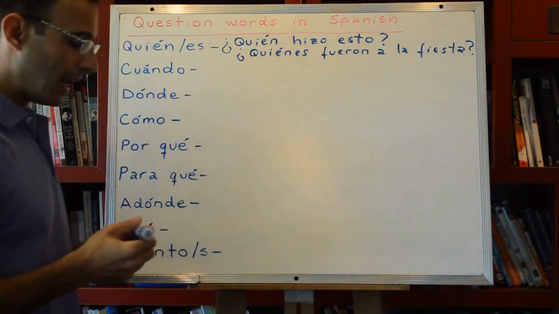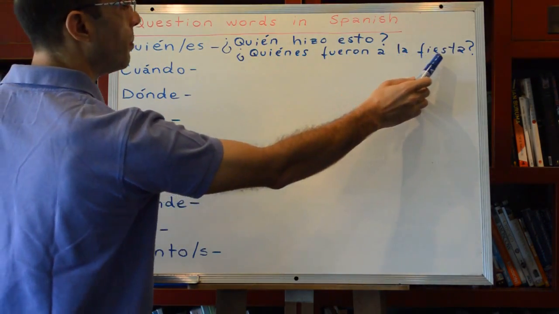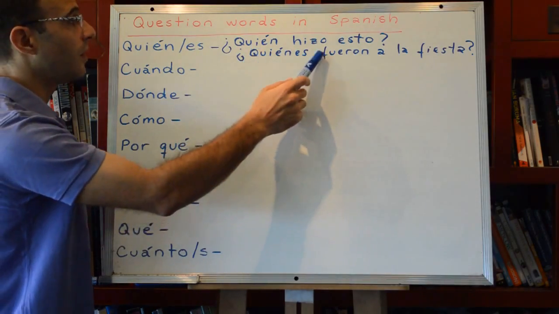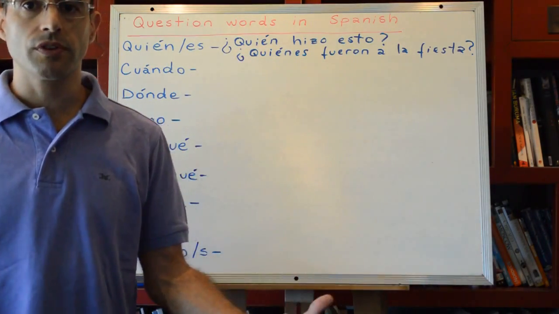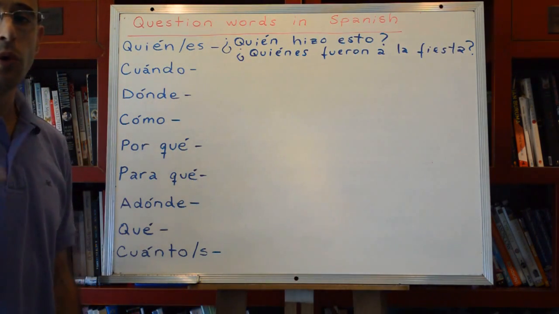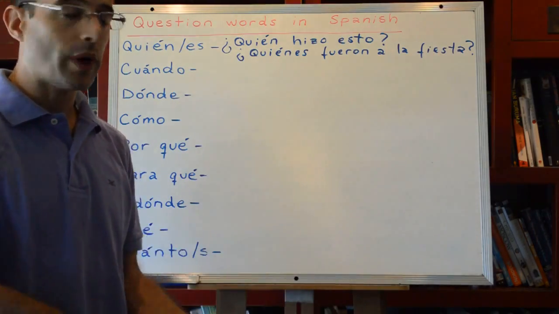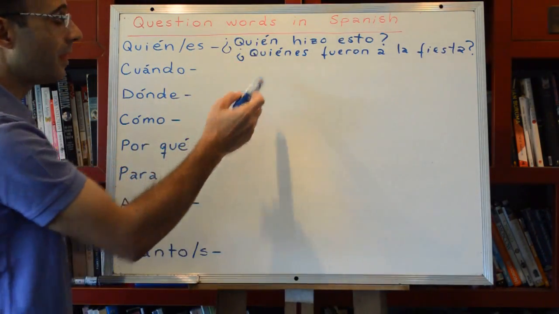Who went to the party? Okay, so ¿Quiénes is plural, so we're asking which persons went to the party. If we know only one person went to the party and we want to know which person went, we ask ¿Quién? Okay, so ¿Quién or quiénes is who.